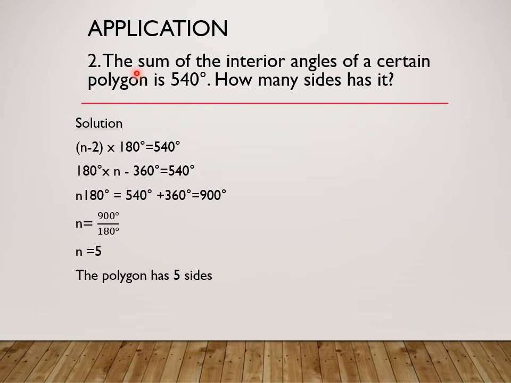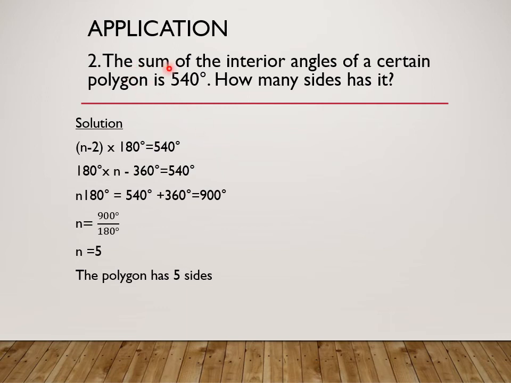You may be told that the sum of the interior angles of a certain polygon is 540 degrees, and you are asked to find the number of sides it has. Very simple. You have been told that the sum of the interior angles of a polygon is the number of triangles in that polygon times 180 degrees, and the number of triangles is the number of sides minus 2.